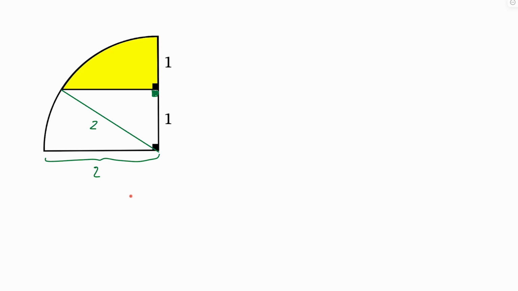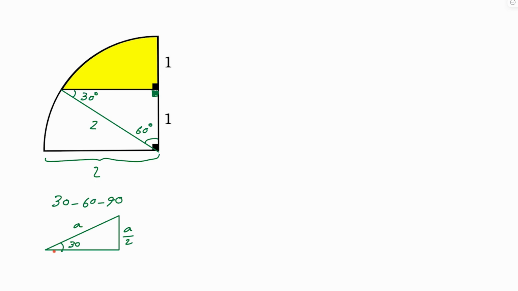So we have a 30, 60, 90 triangle, and in this triangle the side opposite to this angle is half the length of the hypotenuse. So this angle will be 30 degrees. That makes this angle 60 degrees.